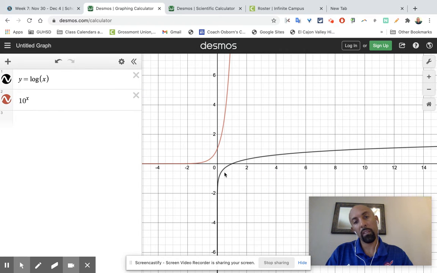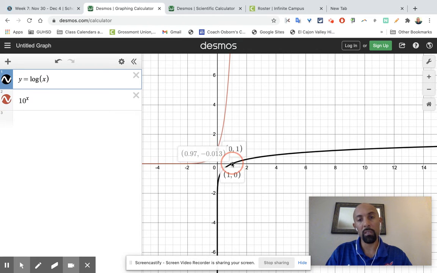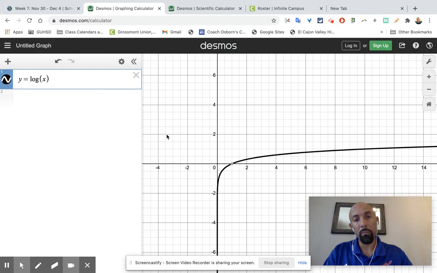Okay, notice they look very similar. It's almost like a reflection and a flip over to this side. It's almost like two reflections. Okay, so it almost looks like the inverse of that function. Notice how this one crosses at 0, 1, this crosses at 1, 0. So these are inverses of each other. But that doesn't matter. We're going to focus more so on the log function itself, but it's very similar.